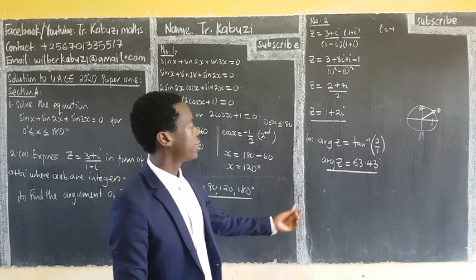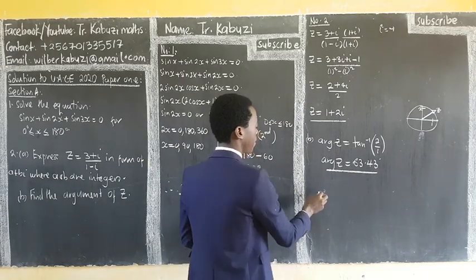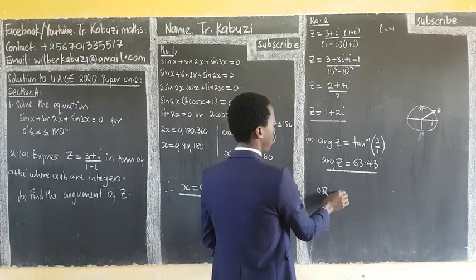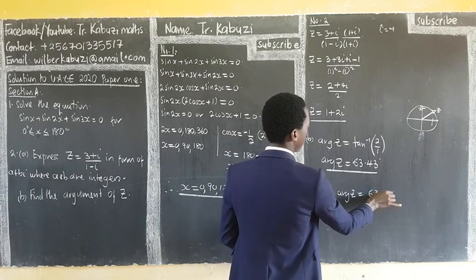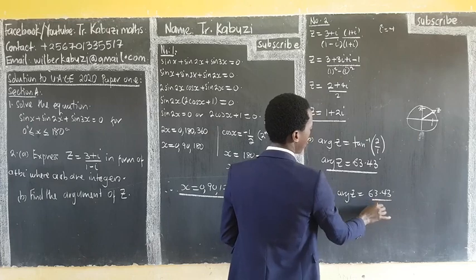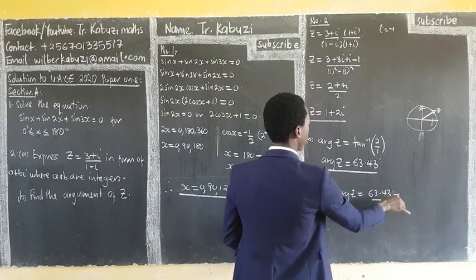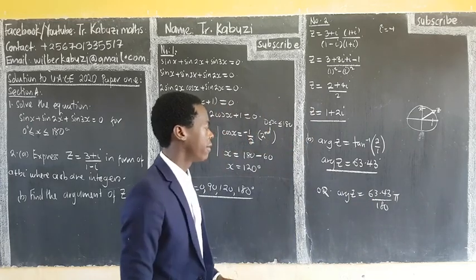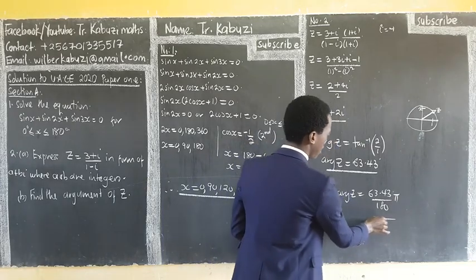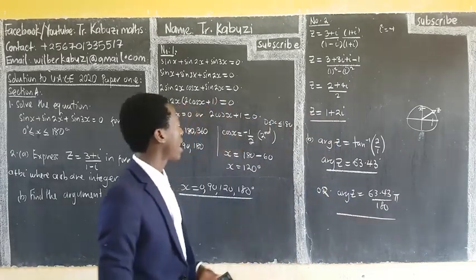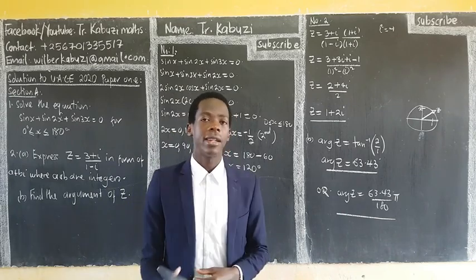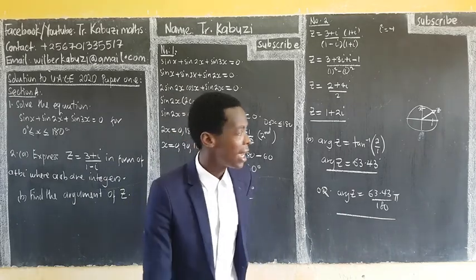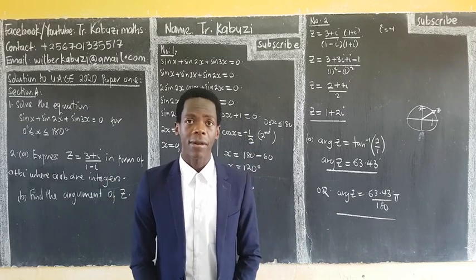Or if you want, you can convert to radians, or you can say the arg of z is going to be 63.43 over 180, then introduce pi radians. All of them are okay. So that's how I had to handle number 1 and number 2. I'm going to pause, I write number 3 and 4, then we replay and see how I can go about it.